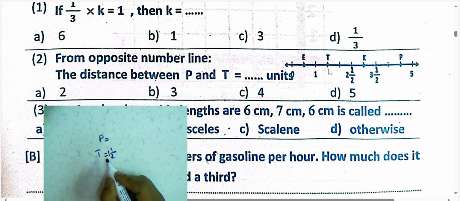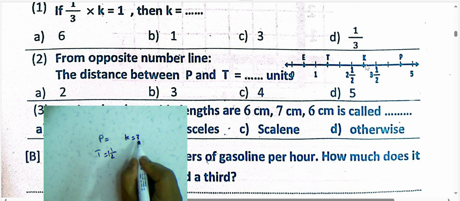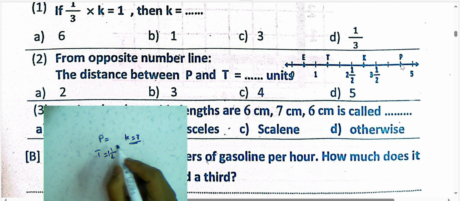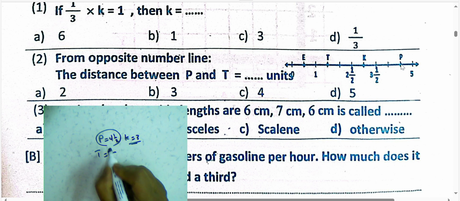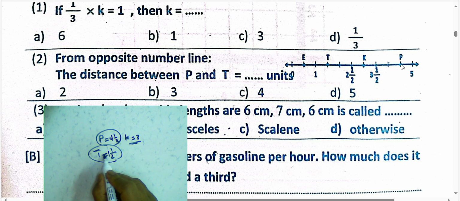Because it is half, focus with me, my dears: 1/2, 1, 2/2, 2, 3/2, 3, 4/2. Then B equals 4/2. Okay, we have T equals 1/2 and B equals 4/2.